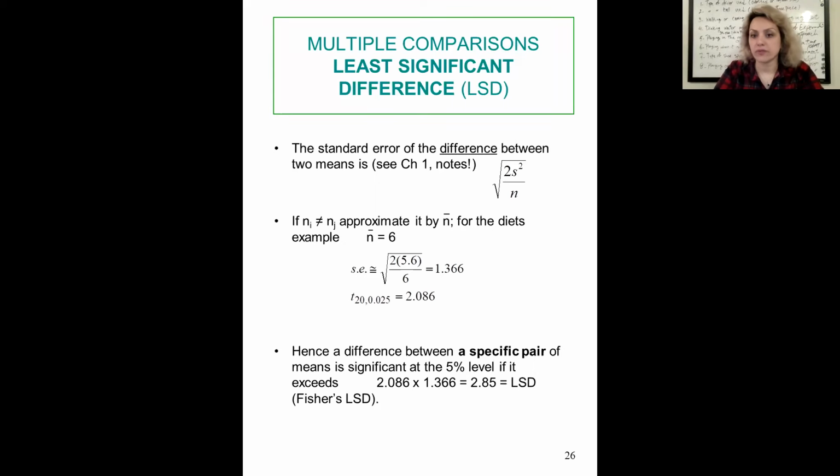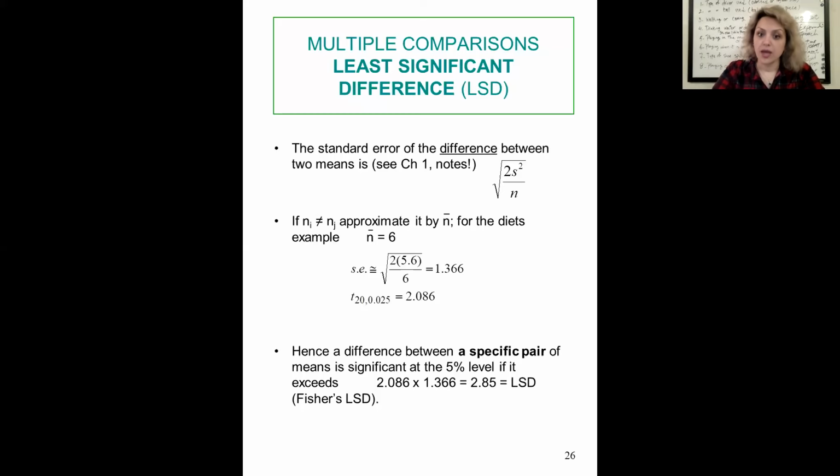Also from the table, we find the t with 20 degrees of freedom and half of alpha, 0.025.